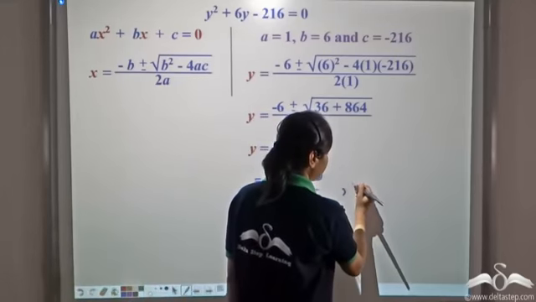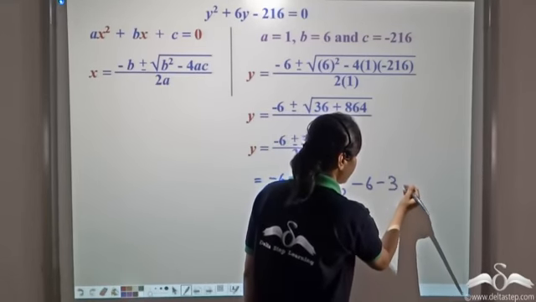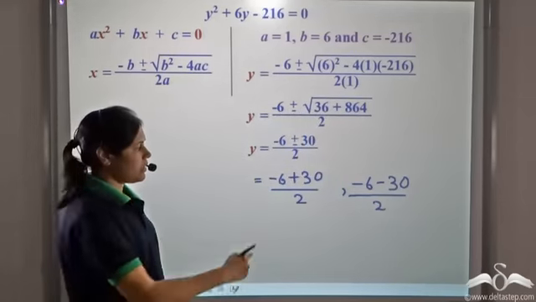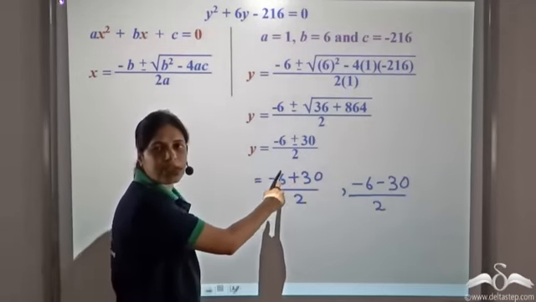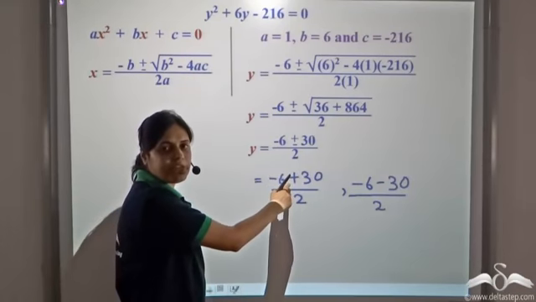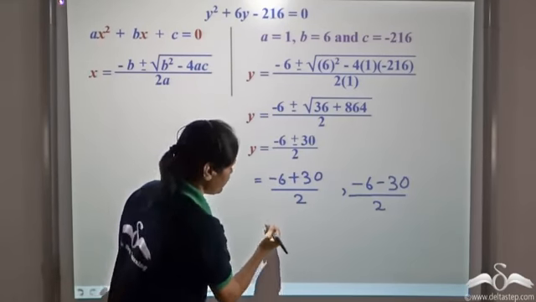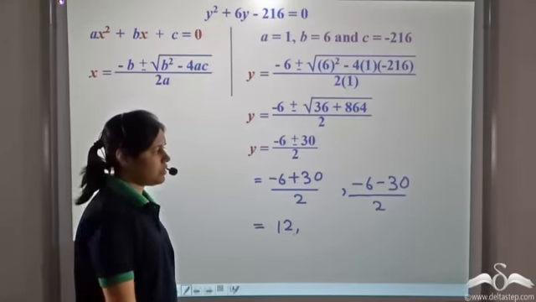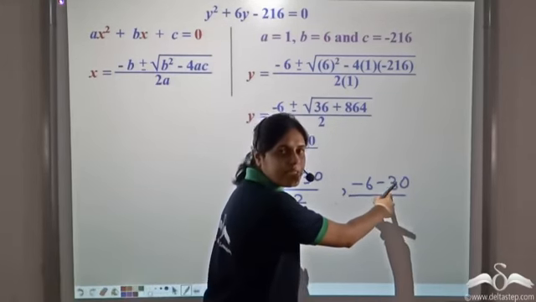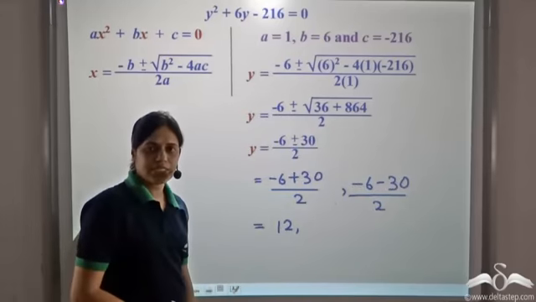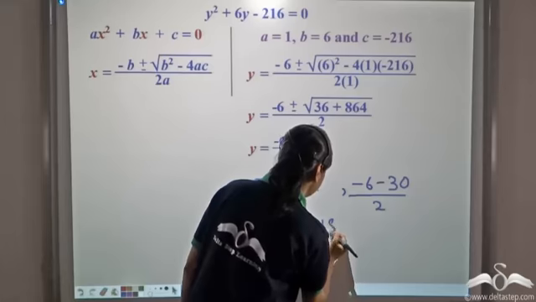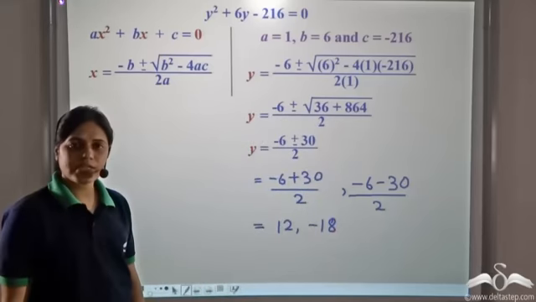The other solution is negative 6 minus 30 by 2. Negative 6 plus 30 is 24. 24 by 2 is 12. So one solution is 12. Negative 6 minus 30 is negative 36. Negative 36 by 2 is negative 18. So this is the other solution.